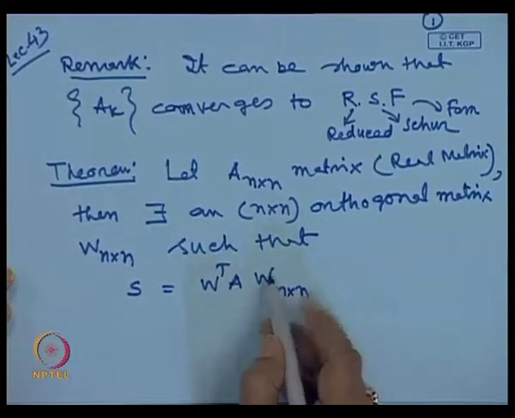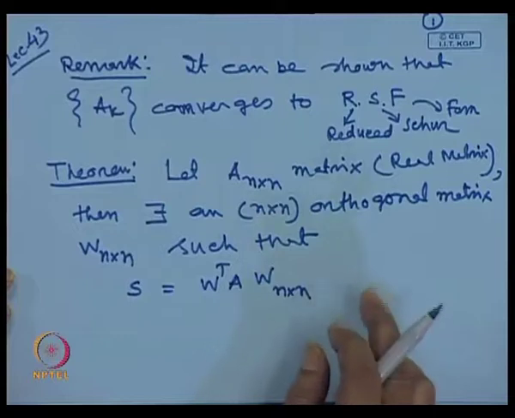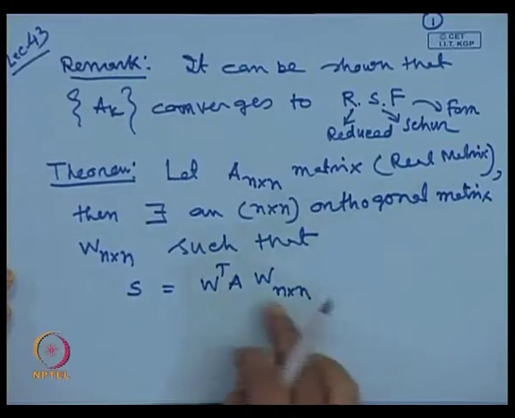Agree? What is W? If you consider the earlier discussion, this W is nothing but Q. What is Q? Q is a sequence of orthogonal transformations from the QR decomposition, Q0, Q1, Q2 up to Qk, which is Wk.